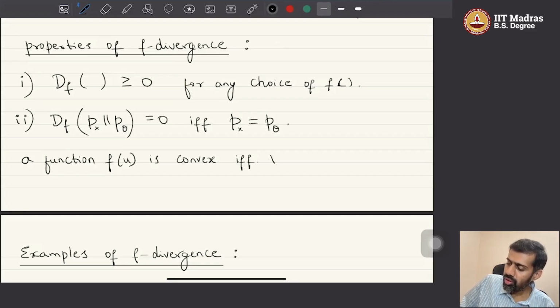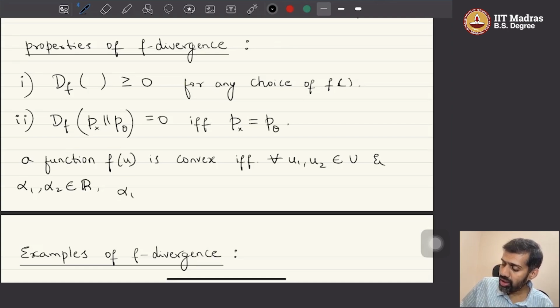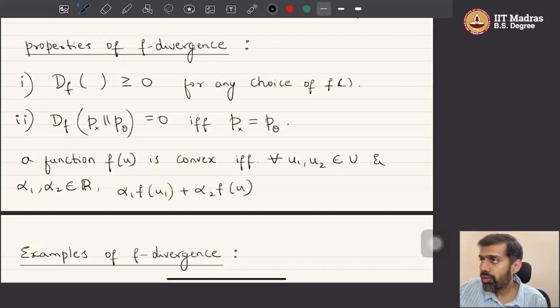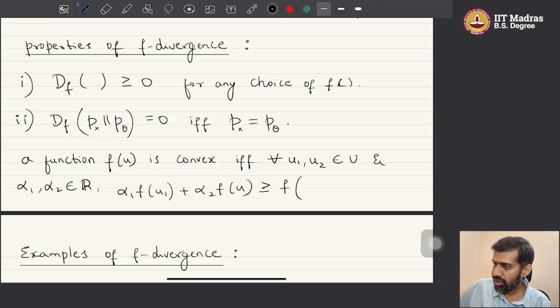if and only if, for all u1, u2 belonging to the domain and some constants alpha 1, alpha 2, which are real numbers, alpha 1 times f of u1 plus alpha 2 times f of u2 is always greater than or equal to f of alpha 1 u1 plus alpha 2 u2.